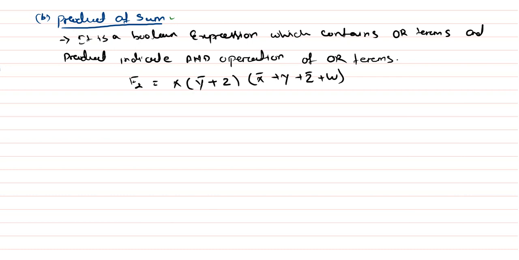So next thing we will read is something called canonical forms. Those forms are standard forms like your sum of product and product of sum, and these canonical forms are also classified into two different things.